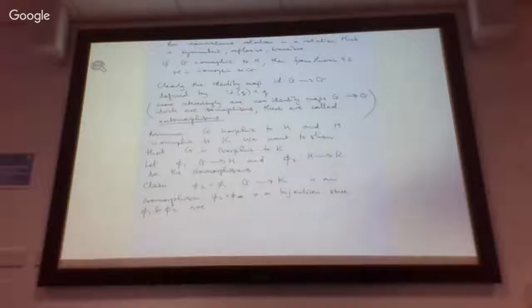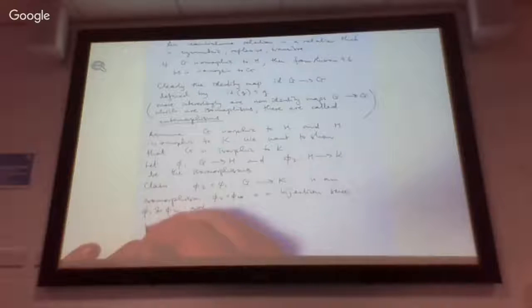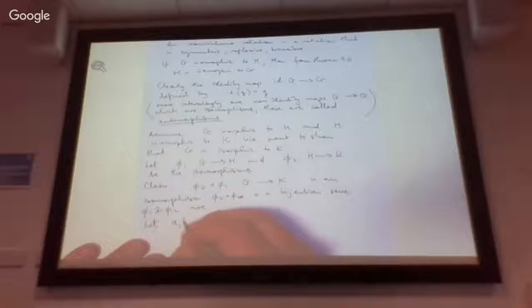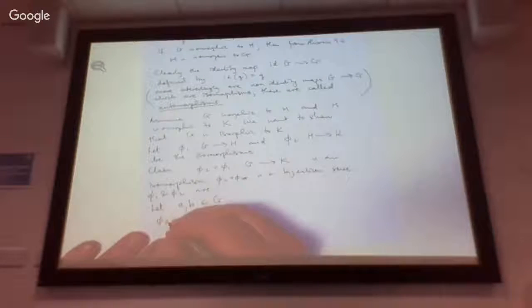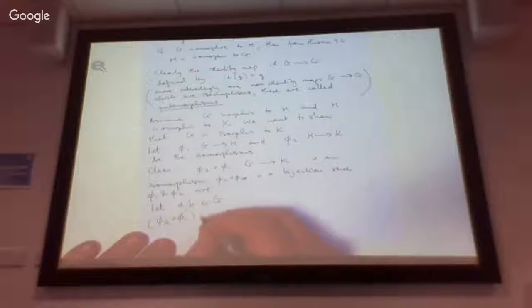Maybe what is interesting to prove is the homomorphism property. So if we let A and B be two elements of G, what we want to look at is phi2 composed with phi1, that map applied to the product AB.